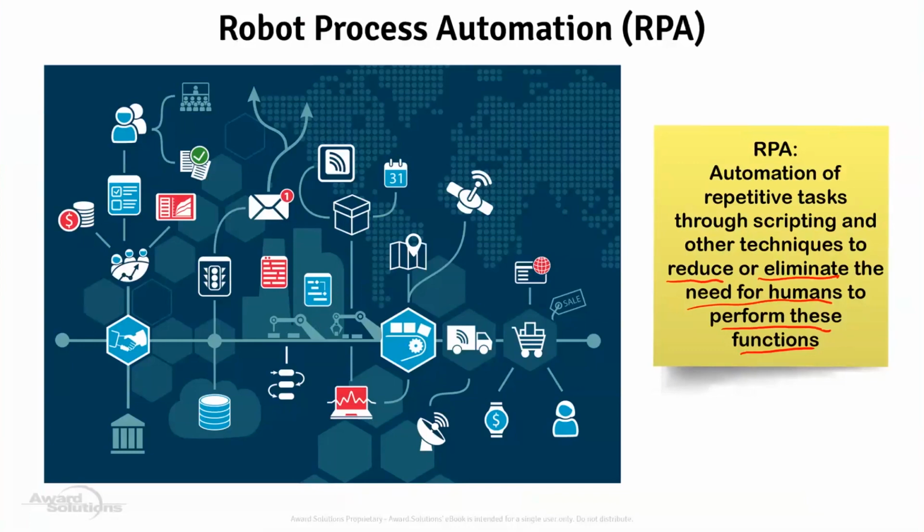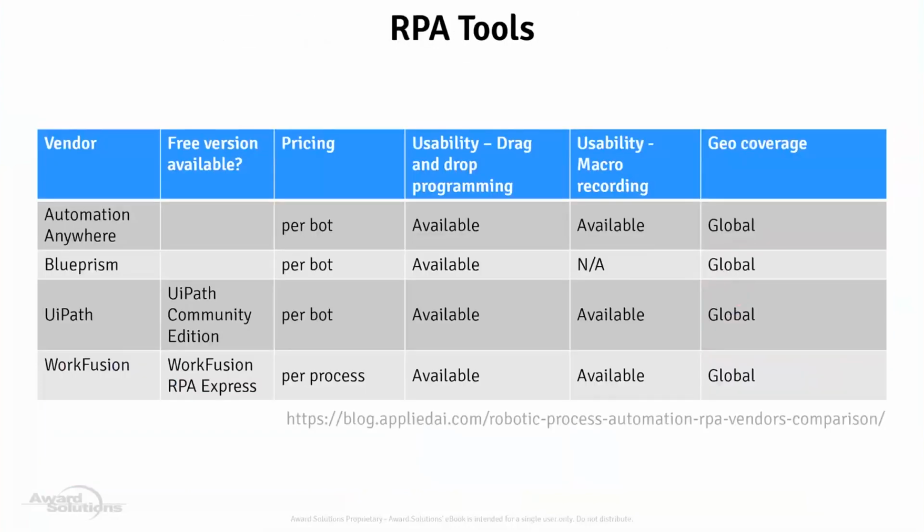Now, unlike a lot of other automation techniques that we're going to look at, this typically comes through some very specific tools. This is a very short list, and there are more and more vendors of this type of tool coming all the time, but this is a good starting point if you're interested in more details on this topic.